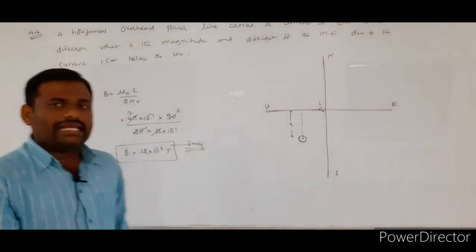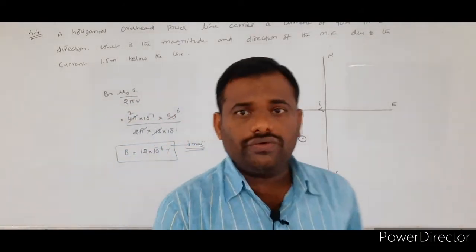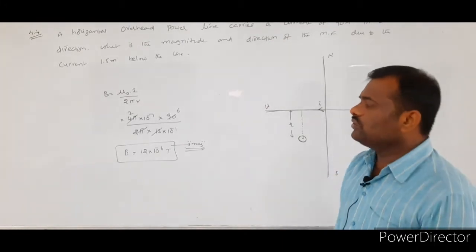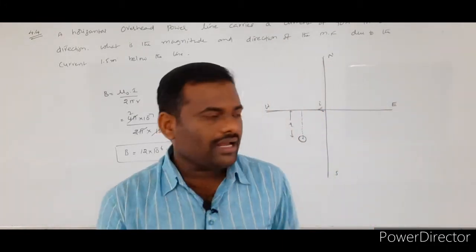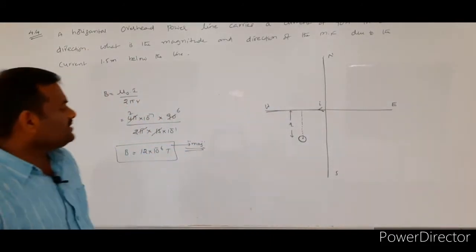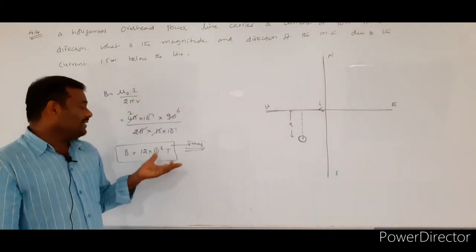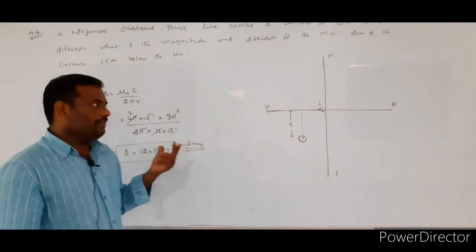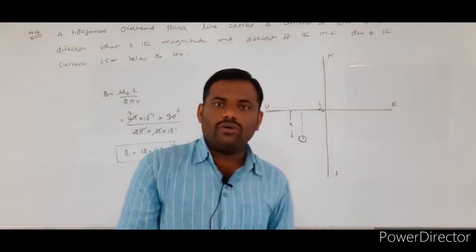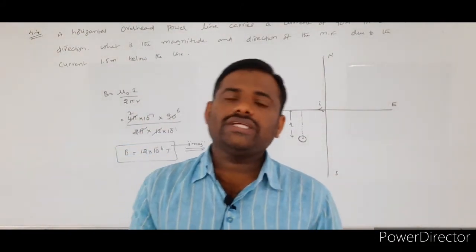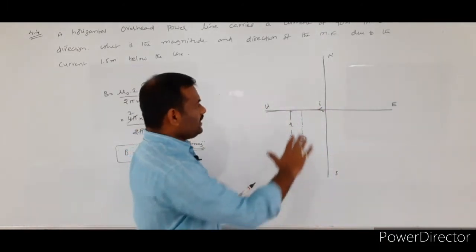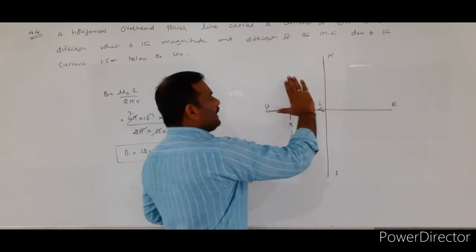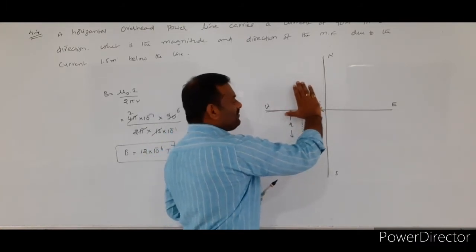So to calculate the magnitude, it's not an issue. We know the direct formula B is equal to mu naught I by 2 pi r, and by substituting all the values in the given numerical, you will get the required answer. But how can we find the direction of the magnetic field? See here. I have to stretch my thumb in the direction of the flow of the current.